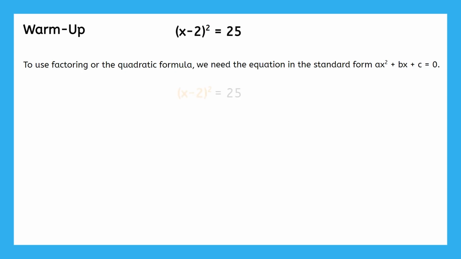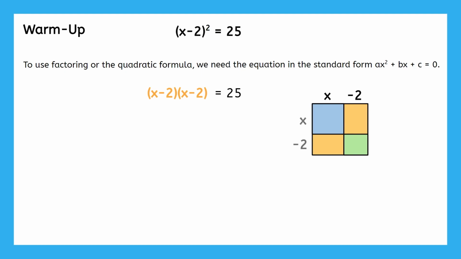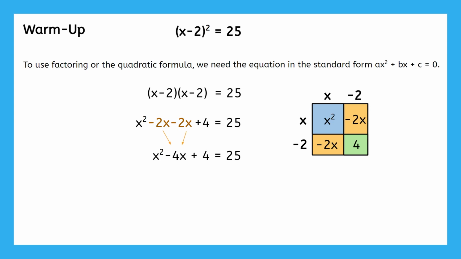We can expand the x minus 2 squared, which we know is equal to x minus 2 times x minus 2. Multiplying these results in x squared minus 2x minus 2x plus 4. And then we can combine like terms. Next, we subtract 25 on both sides to get a 0 on the right.